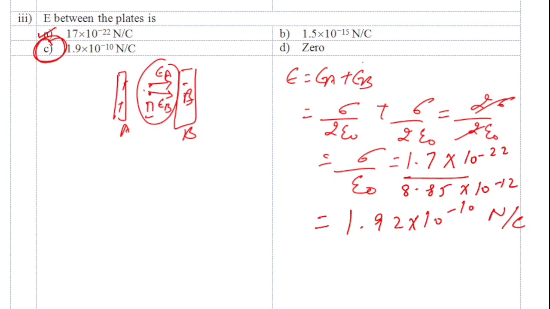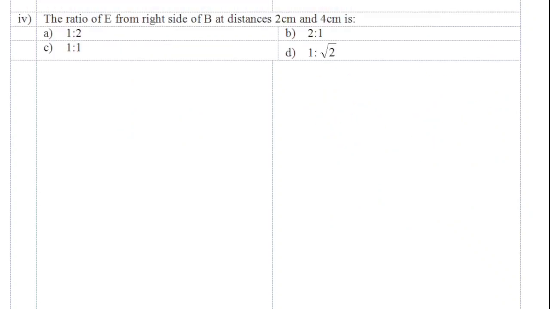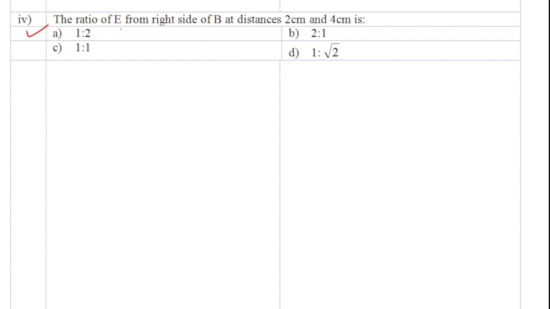Now next, question number 4. Question number 4 is what? It is given the ratio of electric field on the right side of B at a distance 2 cm and 4 cm.